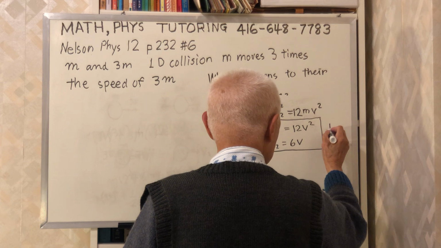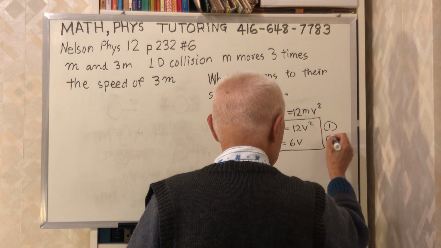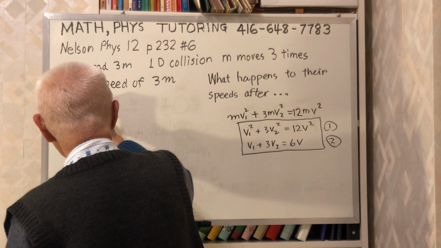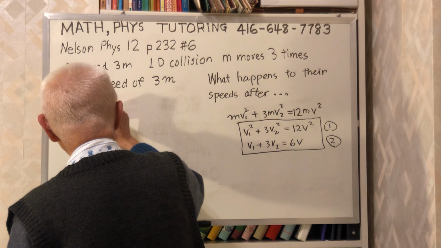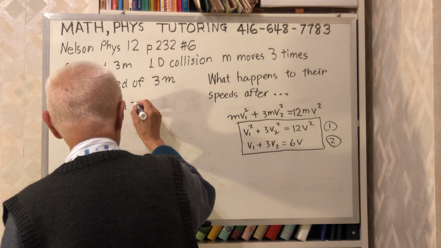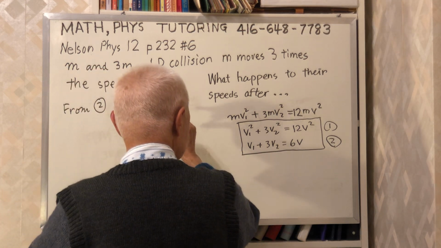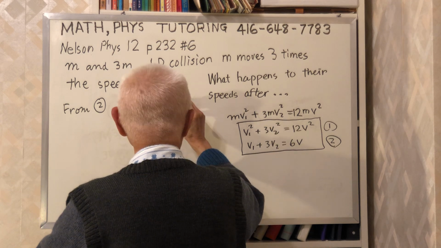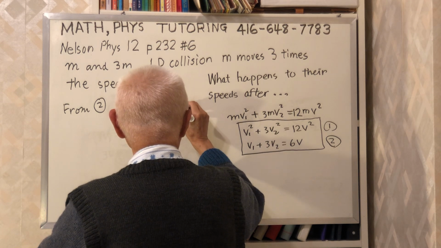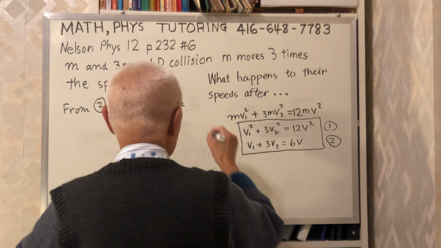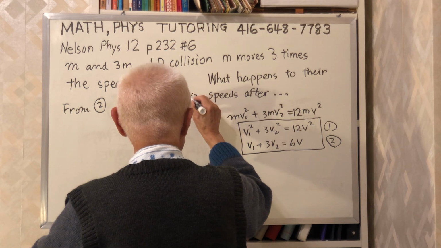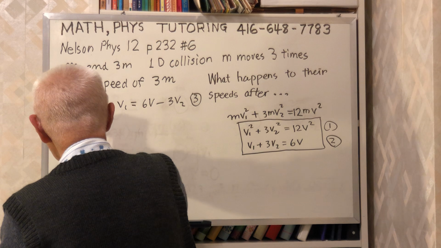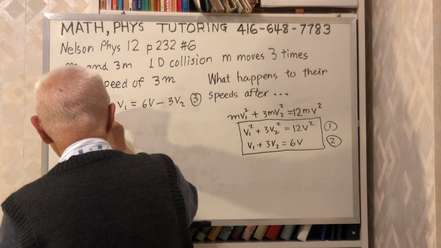Let's call this equation 1 and equation 2. From 2, v1 is 6v minus 3v2. And I call this 3. I substitute 3 into 1.